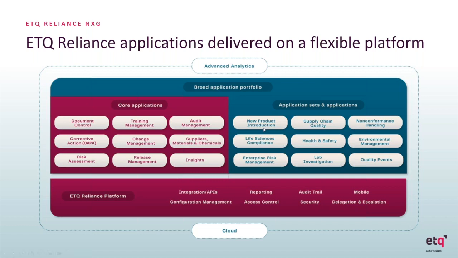And then we also package it in what we call application sets. So these are optional application sets or individual applications in the case of the bottom 2 on the right. These other application sets have an average of about 4 applications per set. So those are 4 additional applications that come with them.